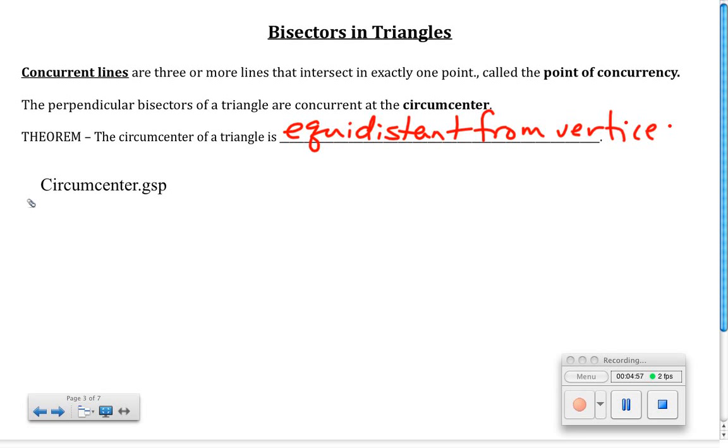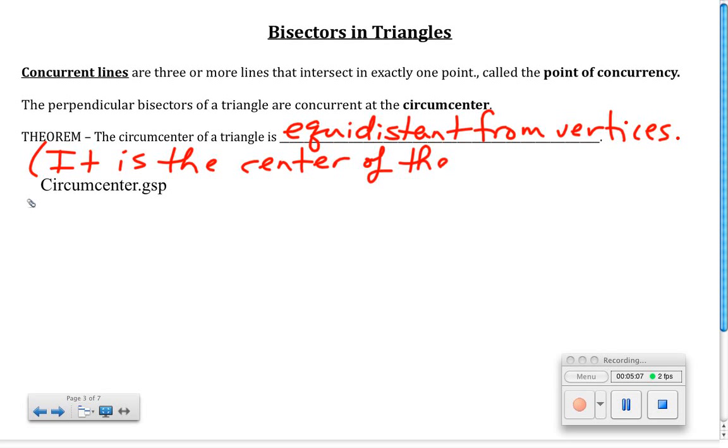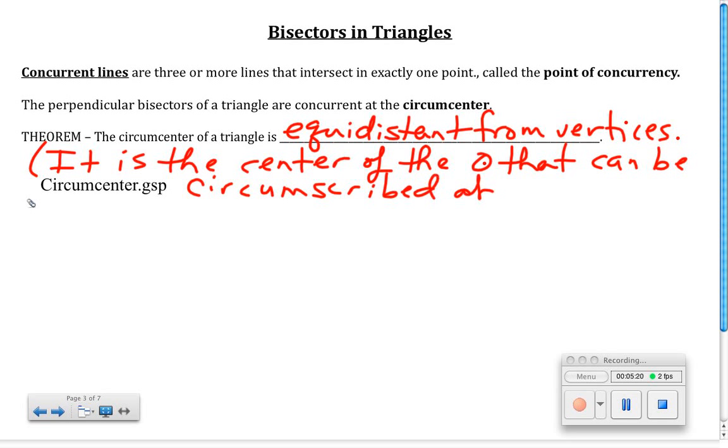Also, it is the center of the circle that can be circumscribed about the triangle. Okay, so just be ready for them to ask for that circumcenter in different ways.